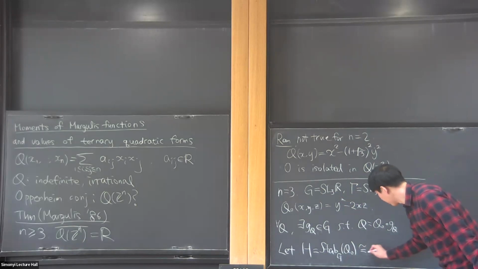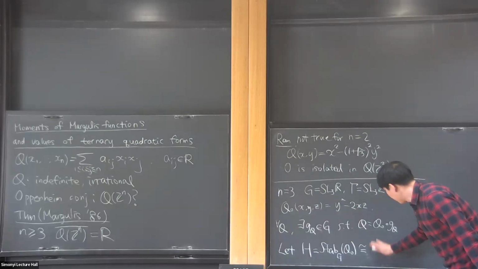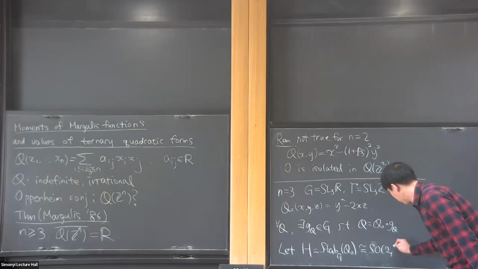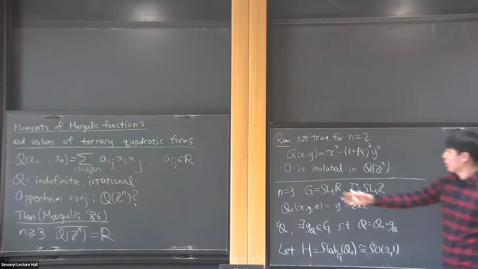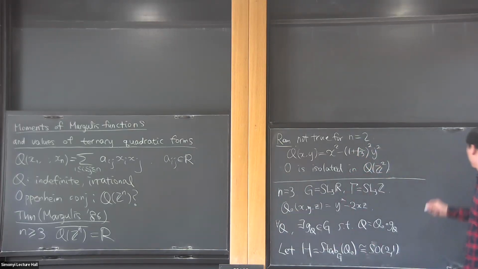And this is actually isomorphic to SO(2,1). And the relation to the Oppenheim conjecture is the following. We are interested in this image set. By this relation, it's the same as the image of the lattice g_Q Z^3 under the quadratic form Q0.